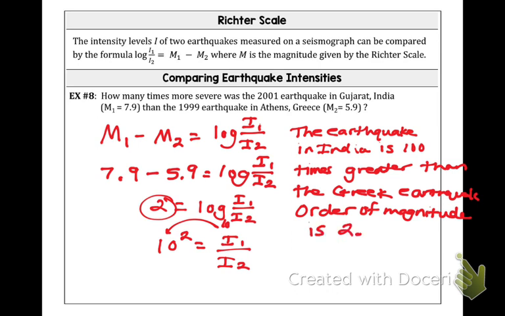Okay, so if the order of magnitude is 2, that means it's 100 times greater. If the order of magnitude was 3, then it would be 1,000 times greater, okay?